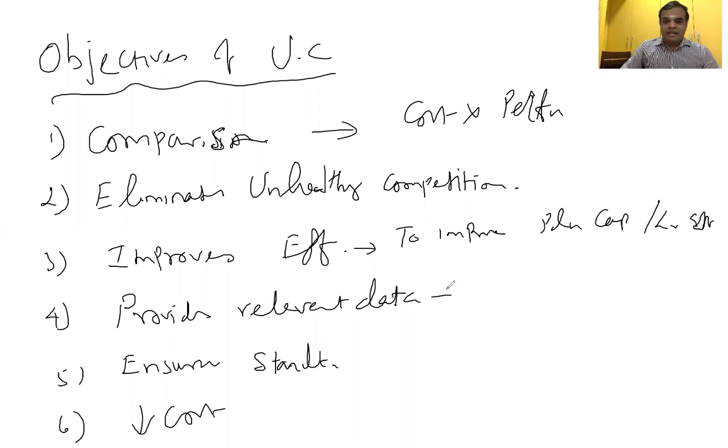It provides relevant data. If the industry as a whole represents, then the government may accept. Very easy for us to convince the government for the purpose of price regulation.